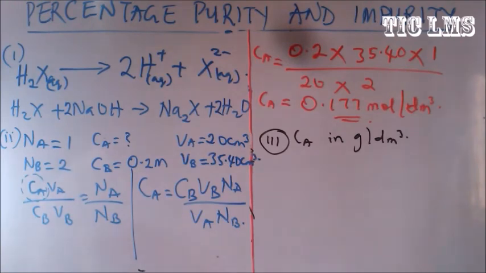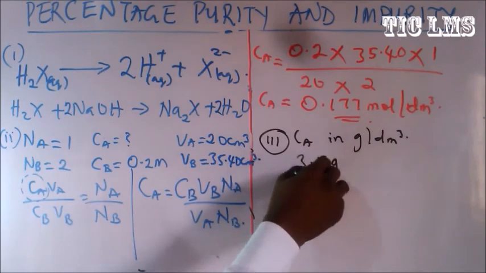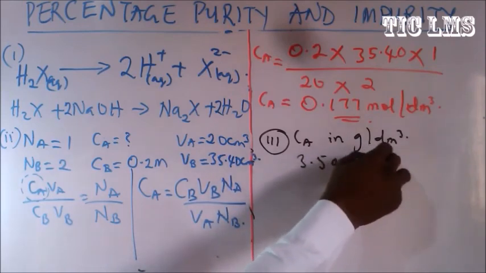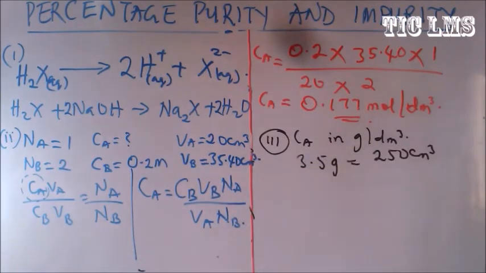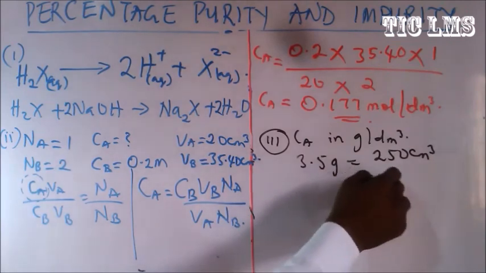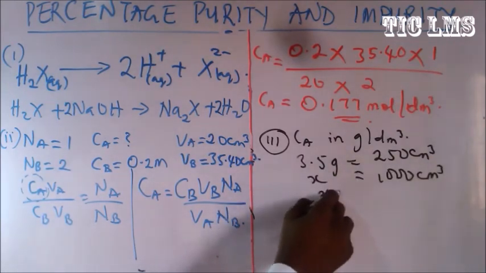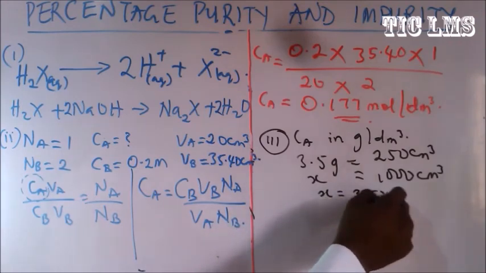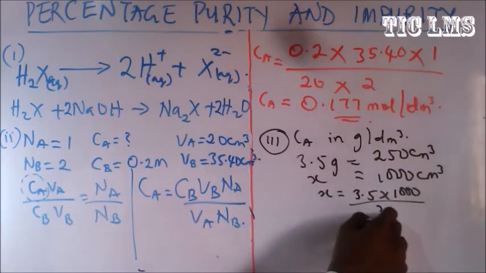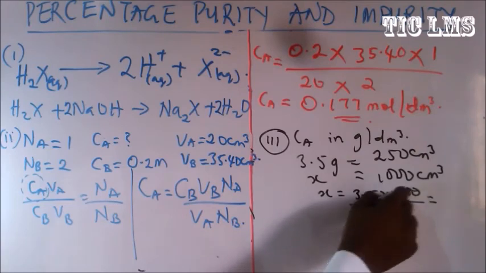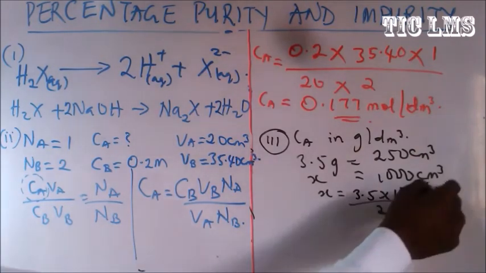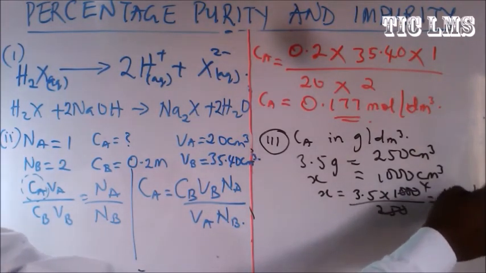Now we were told that 3.5 gram were dissolved in 250 cm cubed. So to make it a standard concentration, we have in 1000 cm cubed, which is x. So x equal to 3.5 multiplied by 1000 over 250, and so this produces 14 gram per dm cubed.